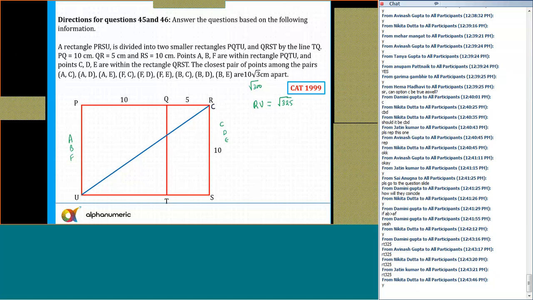And if I'm making the pair of C, that is A to C, B to C, or F to C, all of them are at a minimum distance of root 300, and this is root 325. So can I say these 3 points should be closer to point U? Yes or no? It should be very, very close to point U.